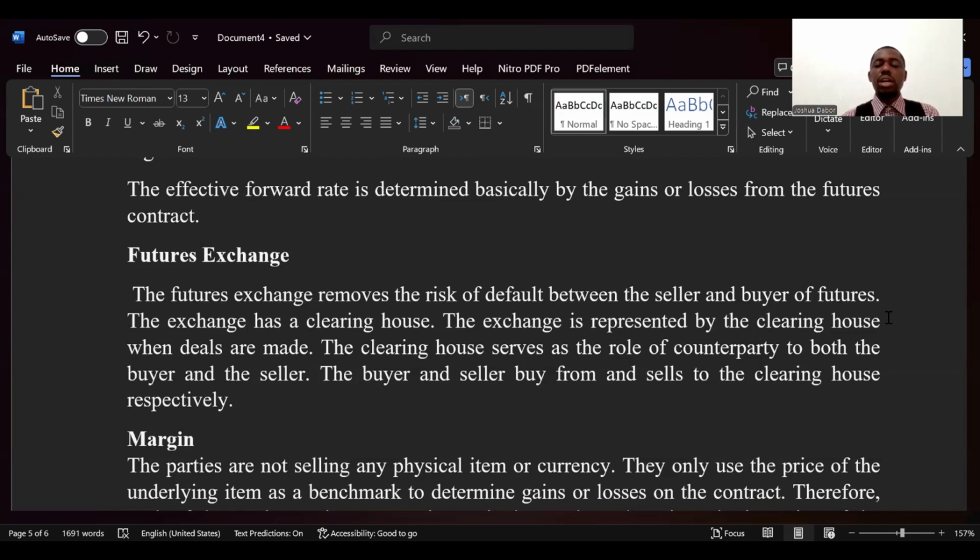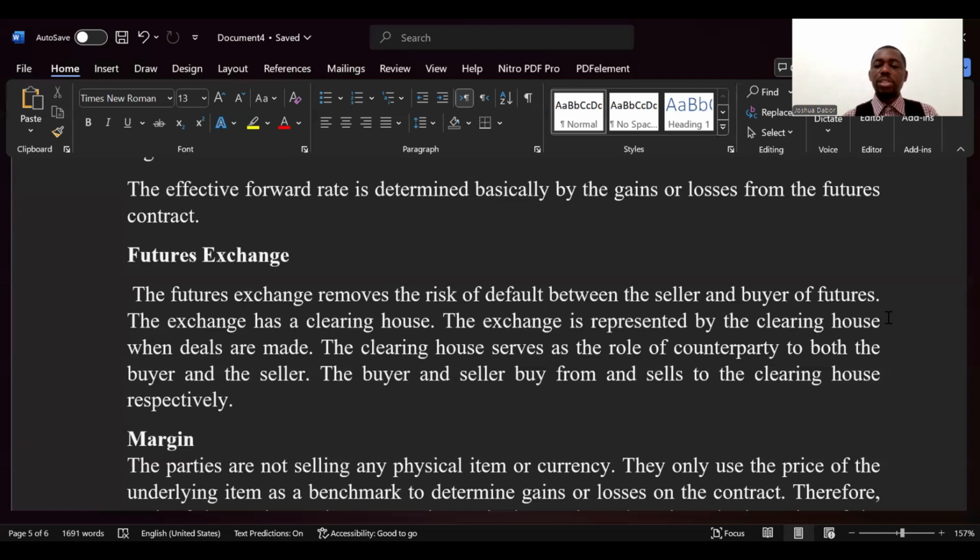So in the futures contract, you are either buying or you are selling. At the end of the day, you either make a gain or you make a loss. So a company that makes a gain will be happy, while the company that is losing will not be happy. And as a result, if there are no intermediaries, the person making the loss may not want to pay. So the futures exchange serves as that intermediary between the buyer and the seller.